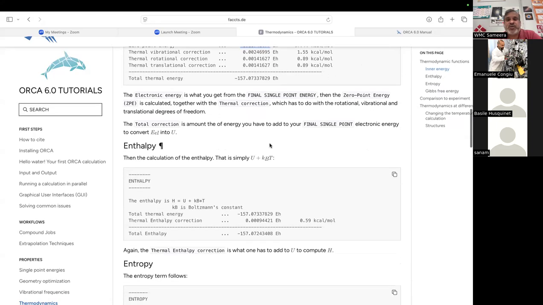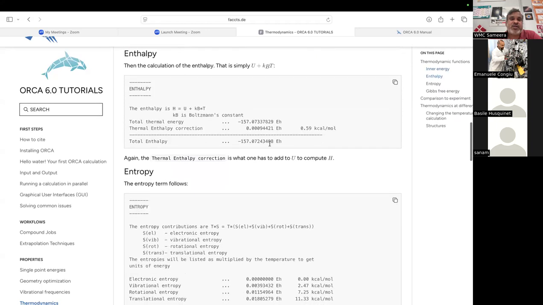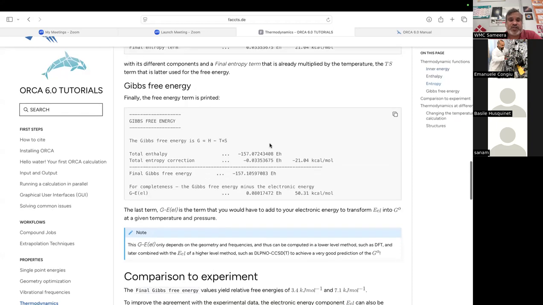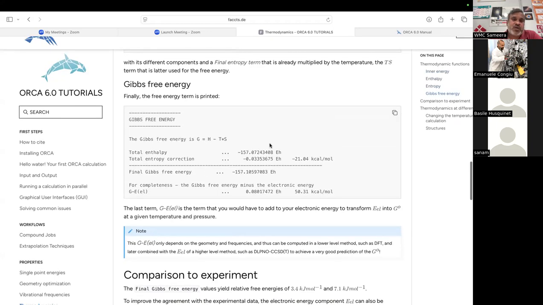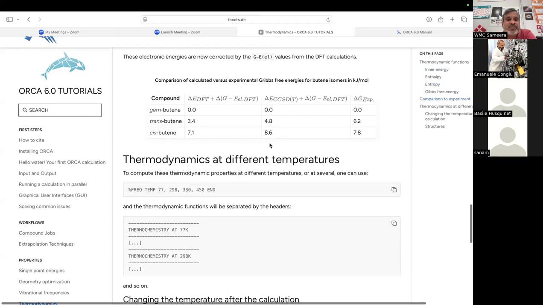And as you're doing the frequency calculation, you can also collect enthalpy, entropy, and also Gibbs free energy. All these values you can find in the output file. So you can do this as a simple exercise.